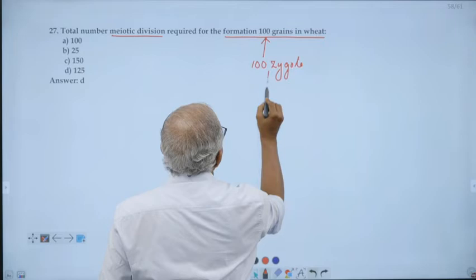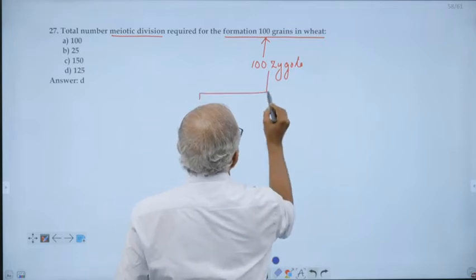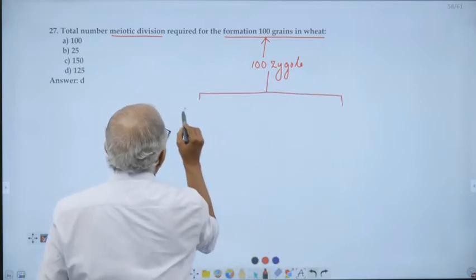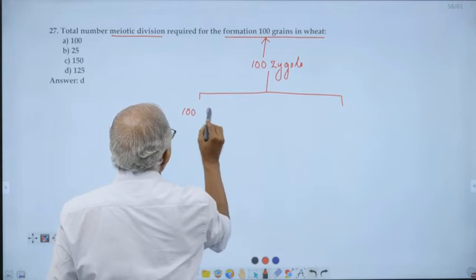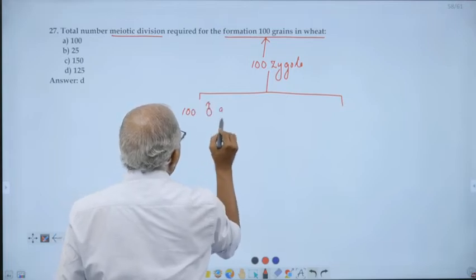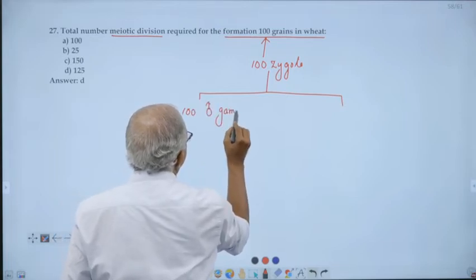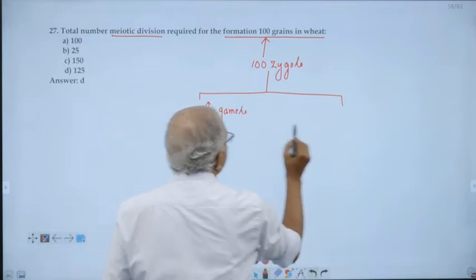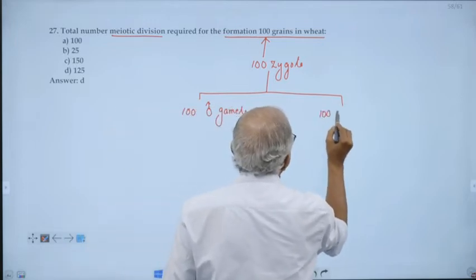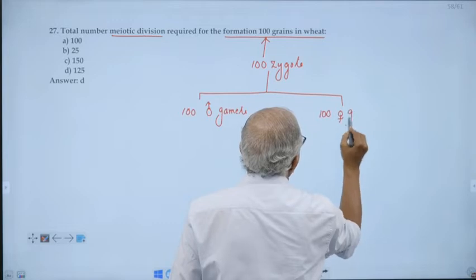To form 100 zygotes, there should be 100 male gametes and 100 female gametes.